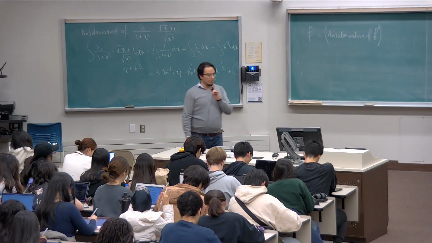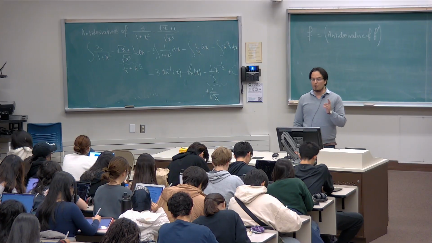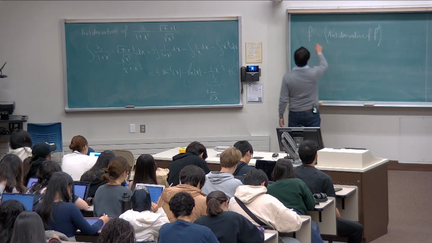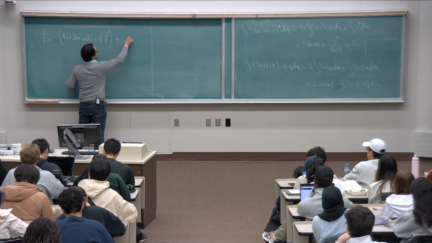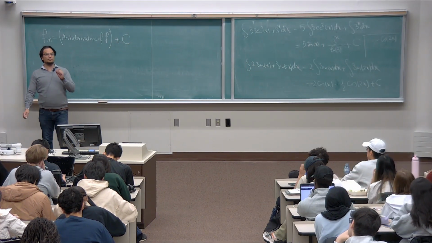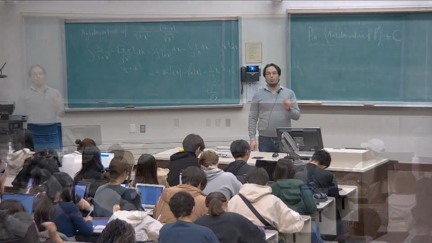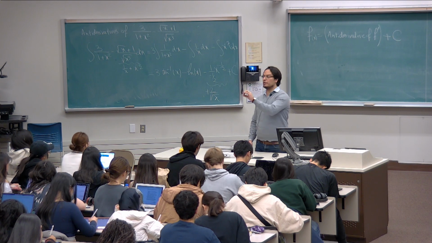But when we find an antiderivative, we always get that plus c, so what matters here is that I cannot find the function f exactly. What I can find is the function f up to a constant.